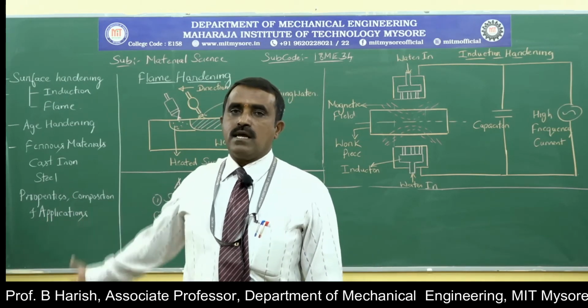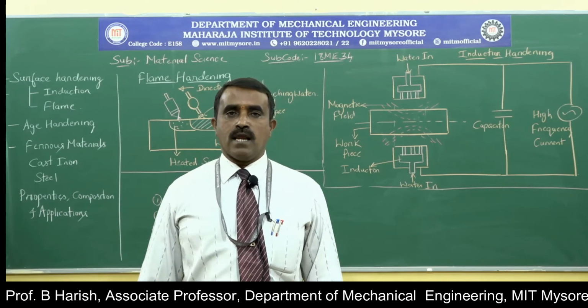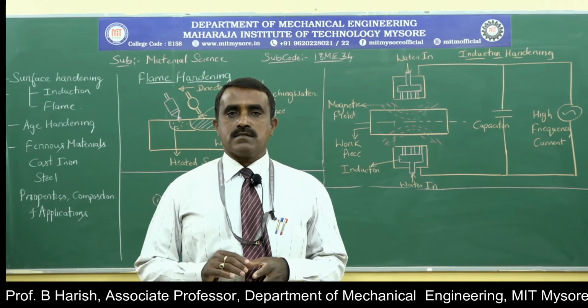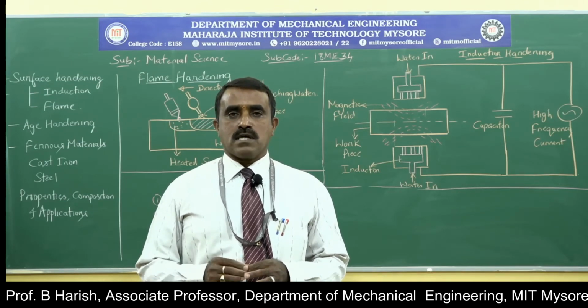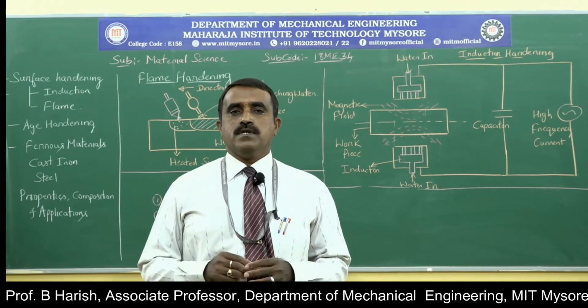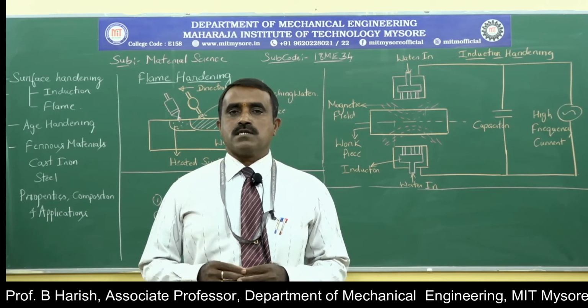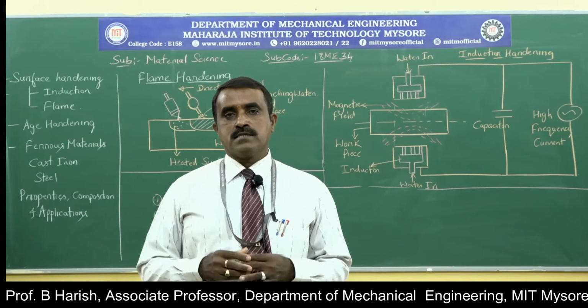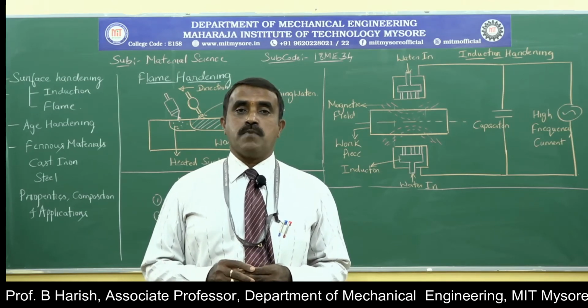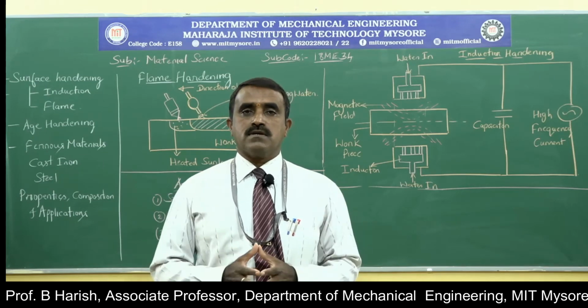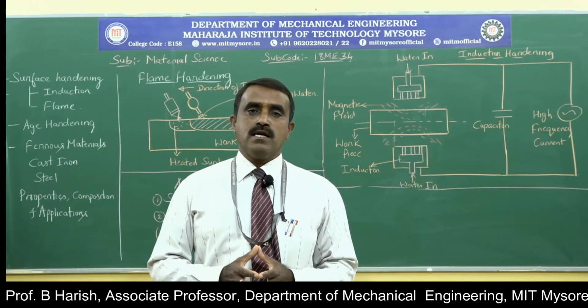Then under steel, we will discuss different types of steel. Under each category, we will discuss its composition, structure and its applications, where we use that particular type of cast iron or steel. So, these are the things we will be discussing in this particular session.